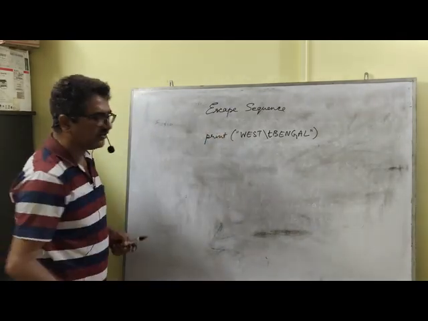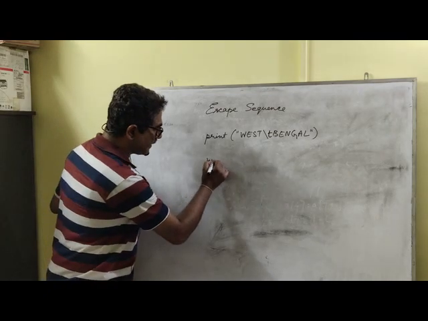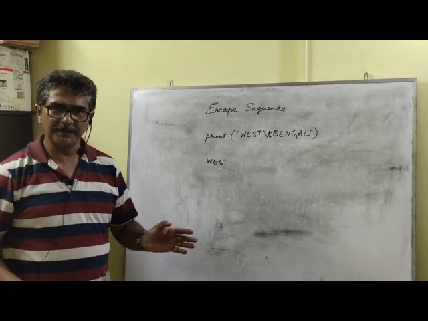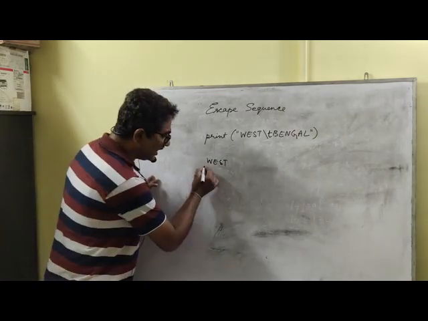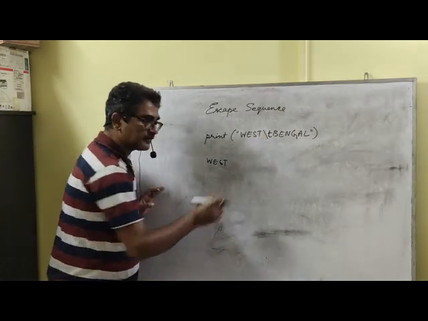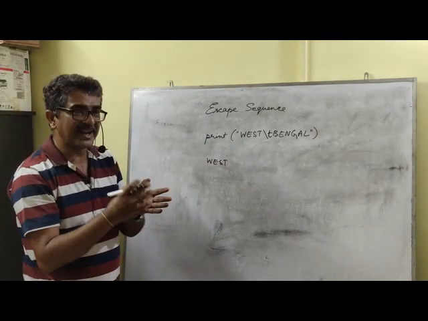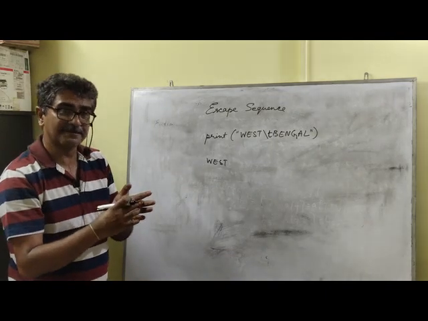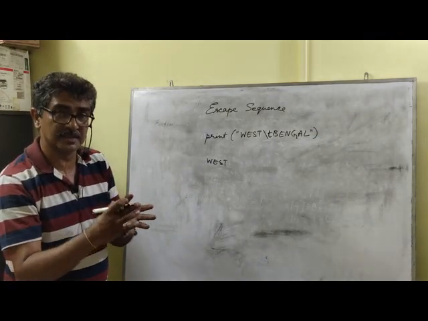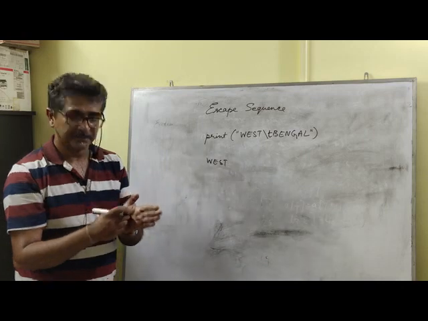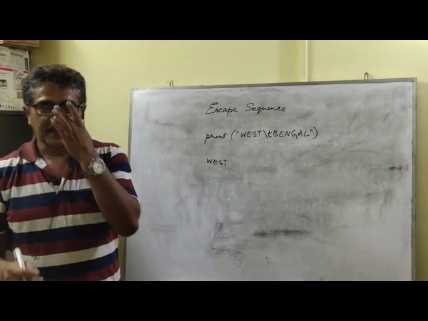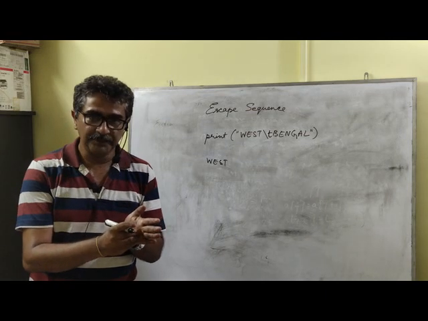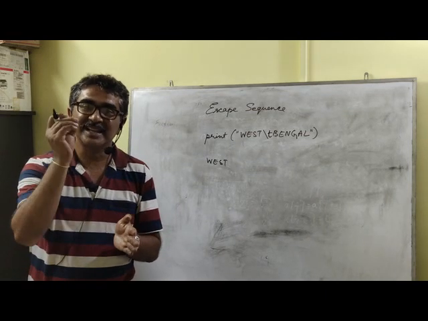Suppose we have the word West, followed by \t. It's going to leave space for every tab. Remember, a tab space consists of 8 columns, and each column represents a single character.